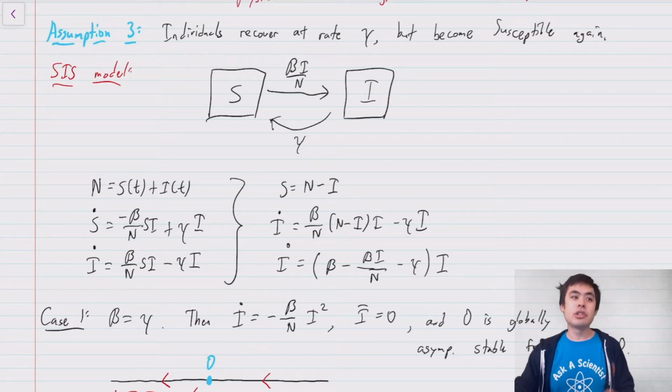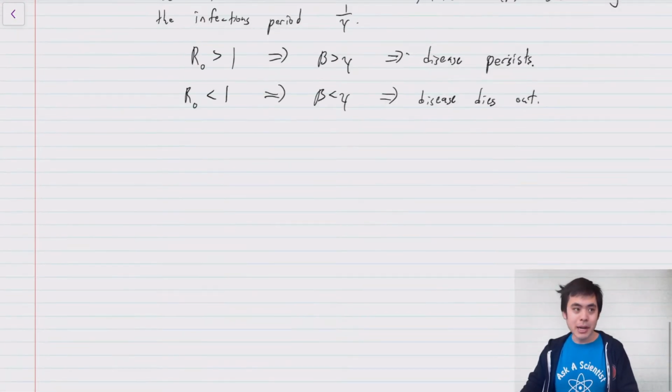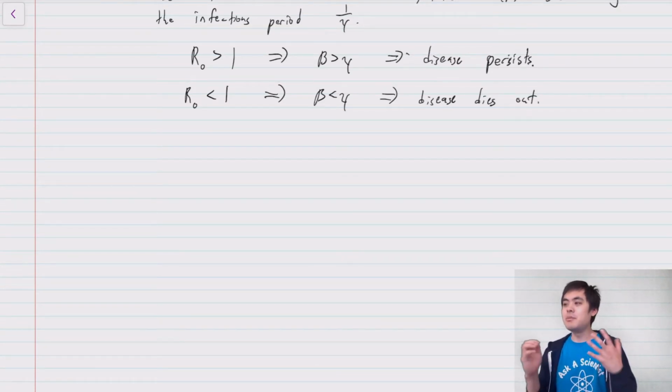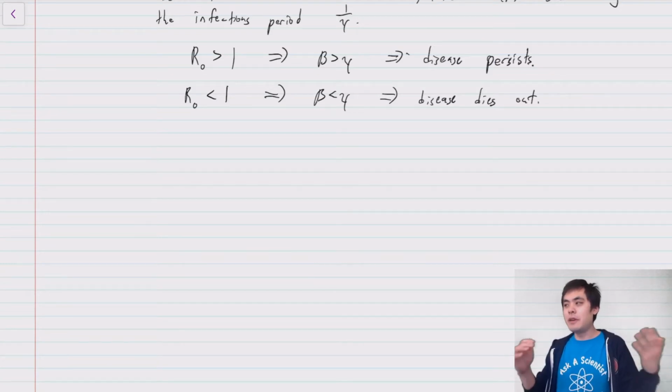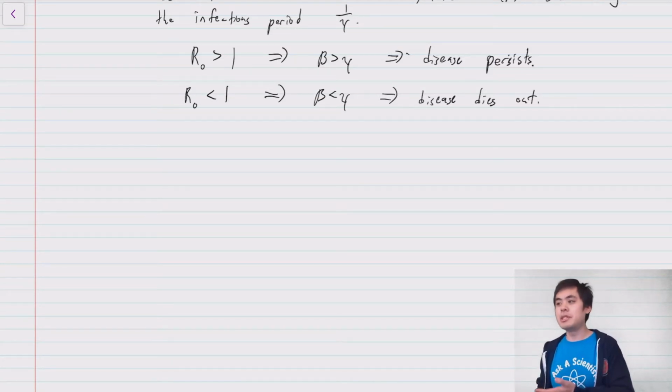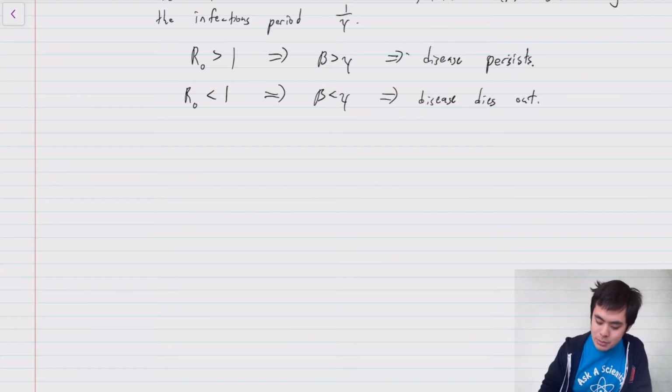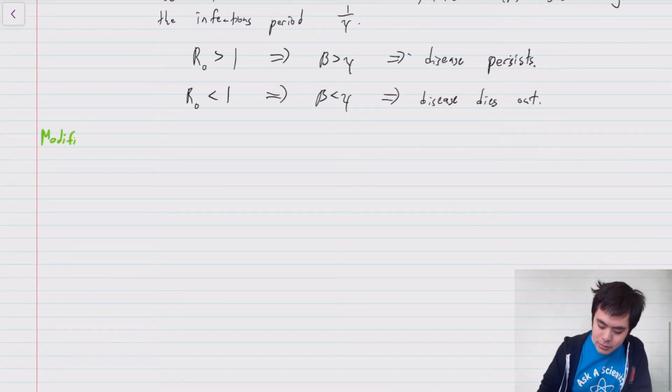Now, unfortunately, we often care about more complex models. And so let's go ahead and modify assumption 3, and let's introduce immunity into the equation. Ideally, when you're infected and you recover, you become immune instead of just becoming susceptible again. And so let's model that. This is modified assumption 3.